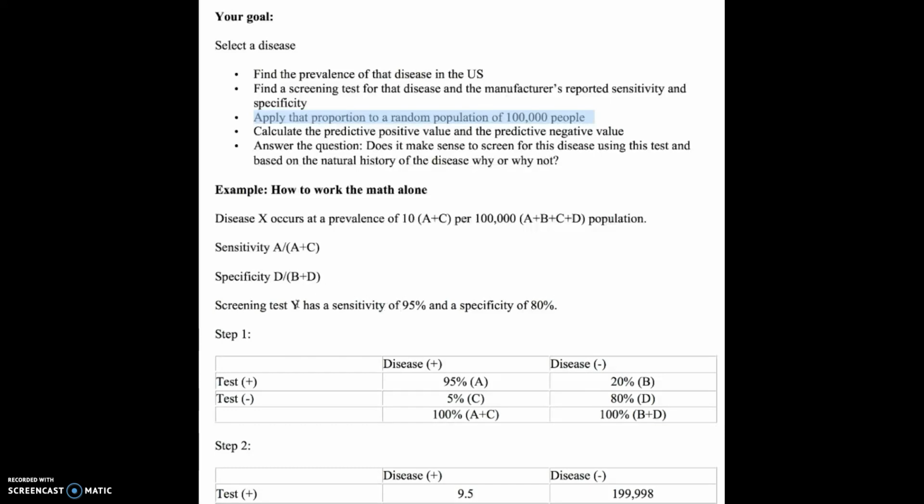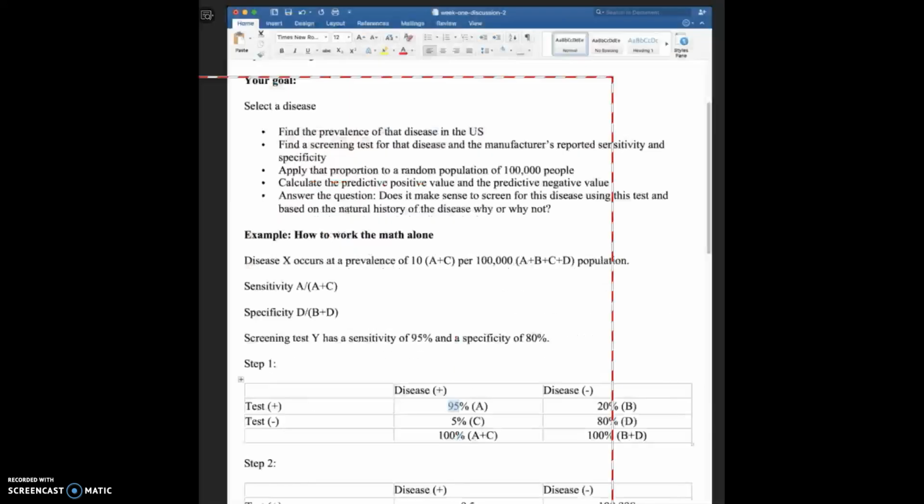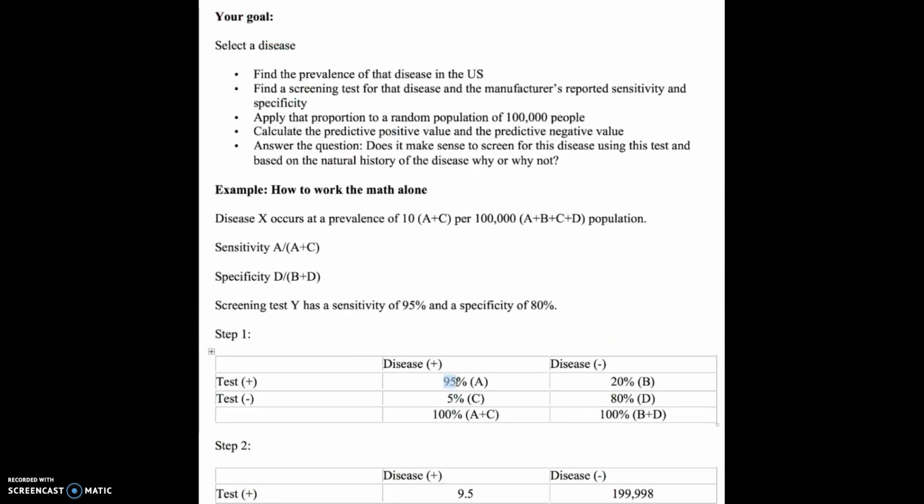Now, based on my made-up screening test, and remember, in your example, you will use whatever sensitivity and specificity your screening test has. You'll put the sensitivity here. I have the sensitivity at 95%. And you will put the specificity here. Okay?